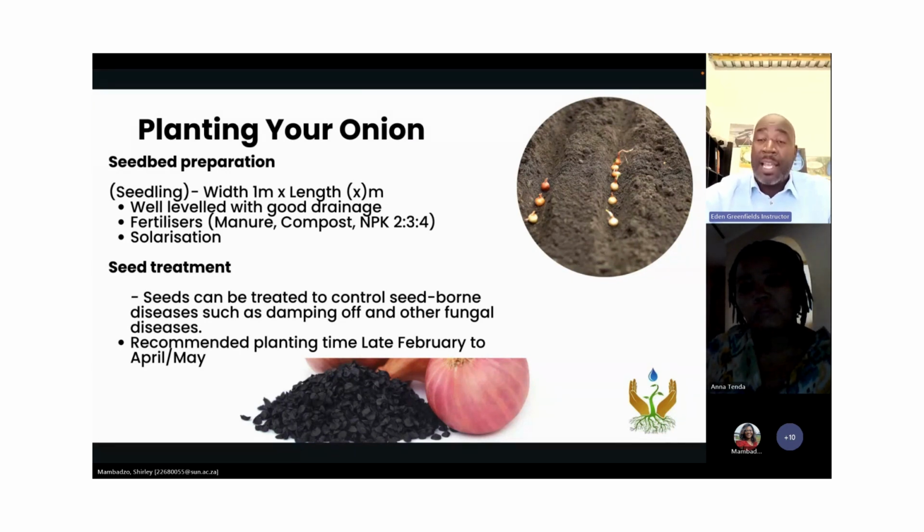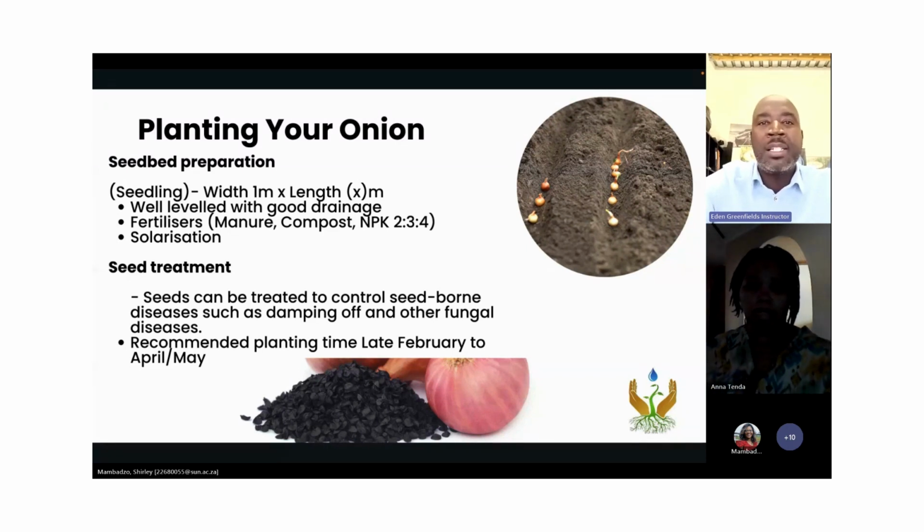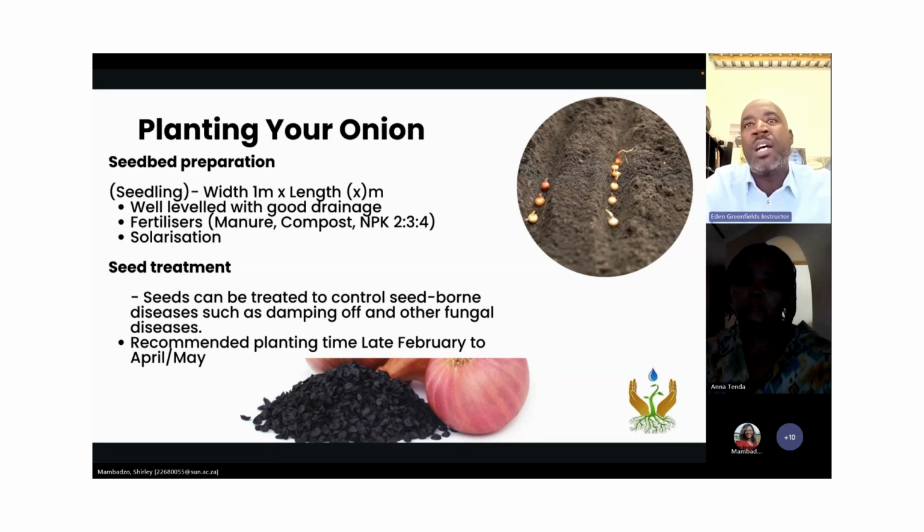Recommended planting time for onion is now. We are in February. That's why we decided to give this training to our farmers so that you are ready for this planting season. So from now, February, until April to May, this is the time that you need to grow.